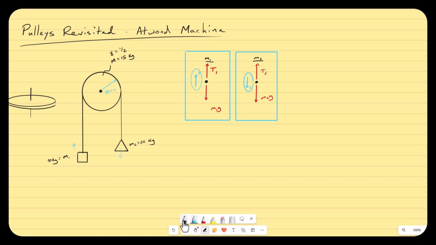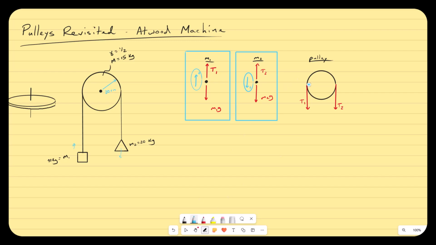Two free body diagrams down, but now my pulley has mass. So for that, I'm going to need a torque diagram. I have, pulling down on the left side of this, T1, and pulling down on the right side of this, T2.